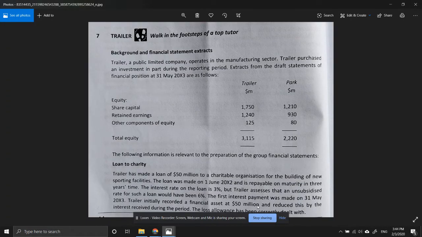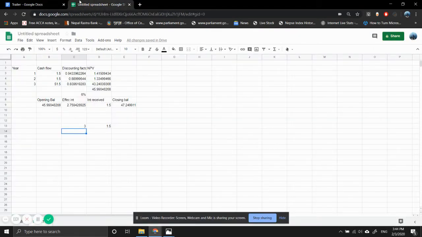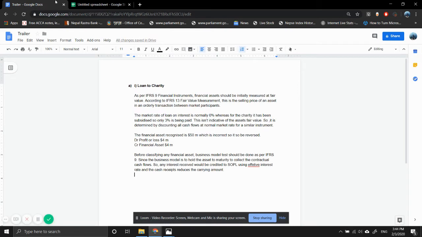Recorded a financial asset of 50 million and basically reduced this by interest received during the year. Interest received is 1.5 over here as well, it's the same, so it did not affect.